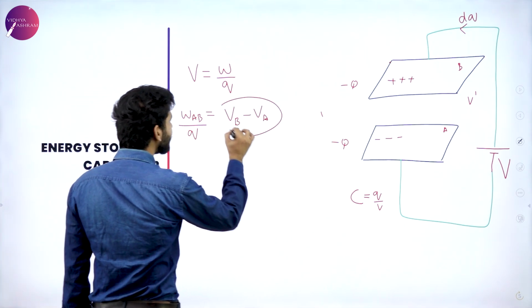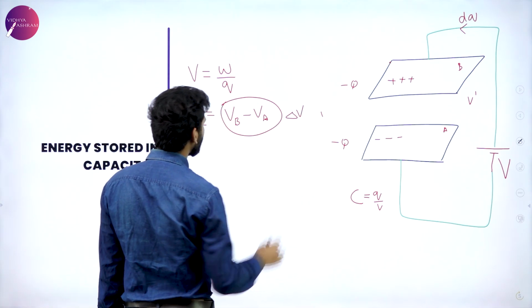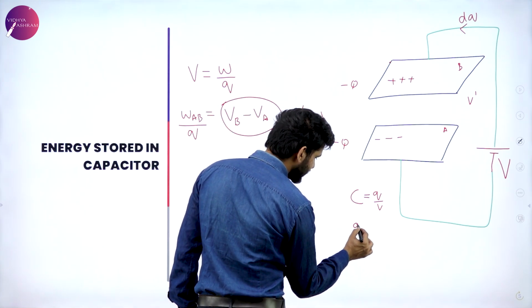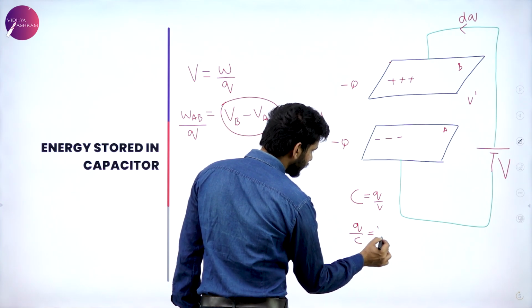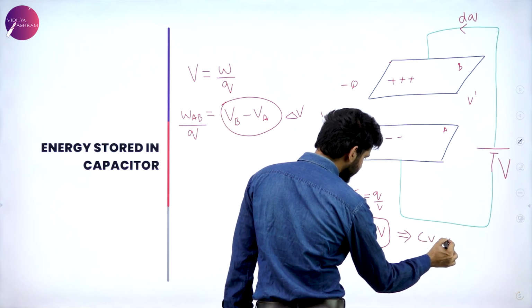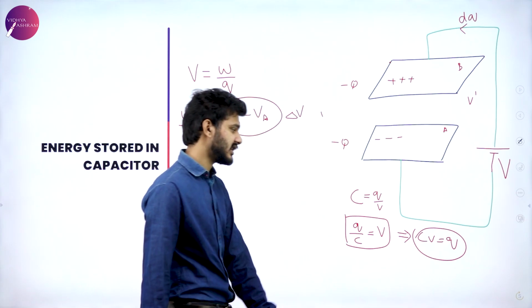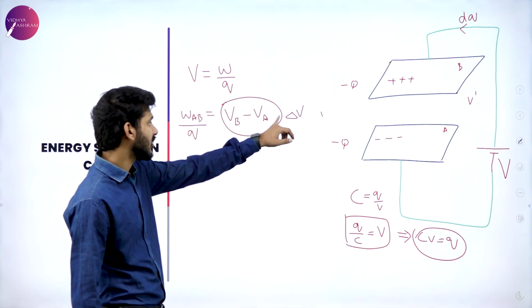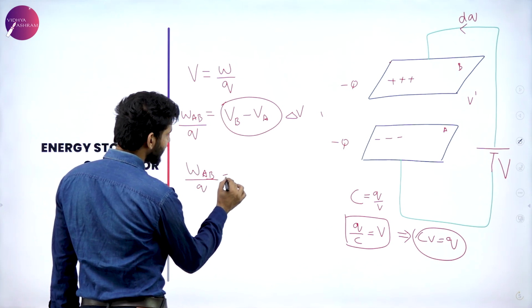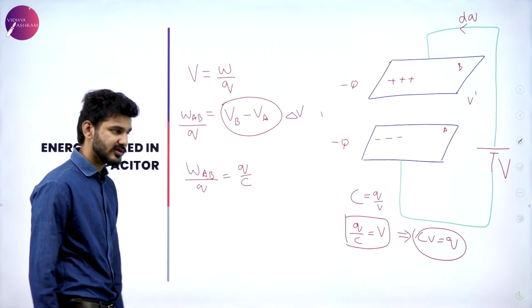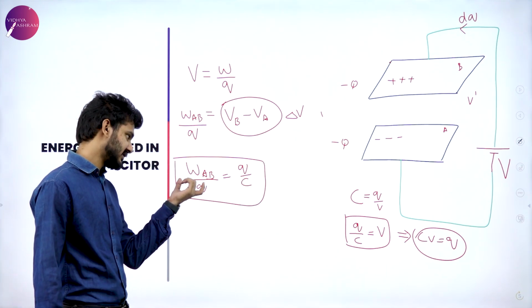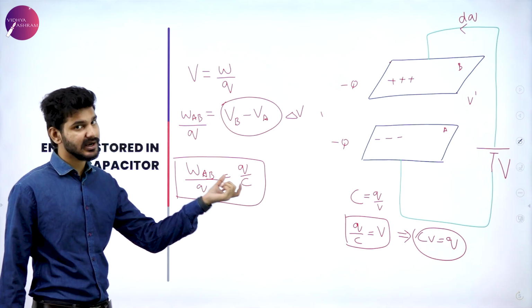But this particular VB minus VA is nothing but del V or simply V, and we know an equation for V. From the relation CV is equal to Q, I can write Q by C is equal to V. So instead of del V, I am going to write WAB by Q is equal to Q by C. This is one form of writing it and this is the same in another form.